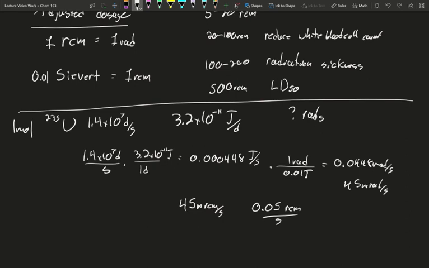Make it 1,000 seconds, so hanging out for a good part of an hour near something you didn't realize was on the table next to you. And now you're up into the radiation sickness zone.